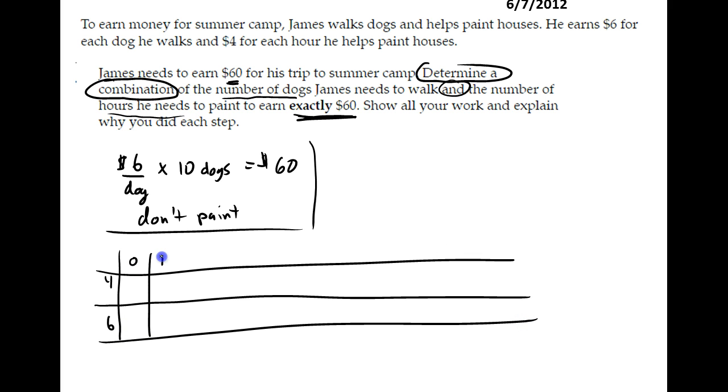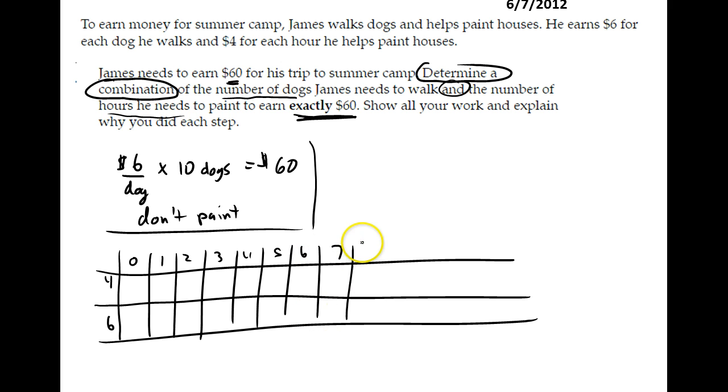So times 0, times 1, times 2, times 3, and so on. And we could go past 12 if we needed to.